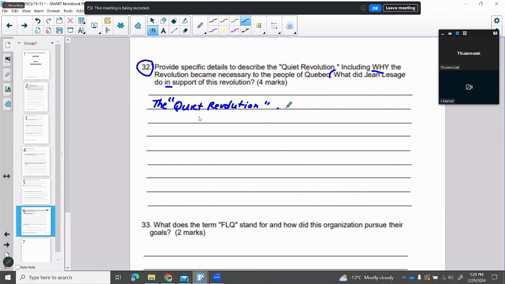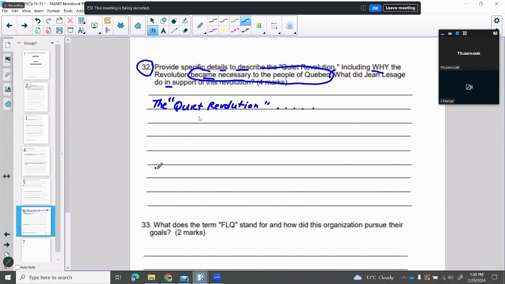So tell me why it's considered quiet. So the Quiet Revolution, and then put your answer there. Why do you think it was necessary? Why did they feel that this was needed? Make sure you include that in your answer.